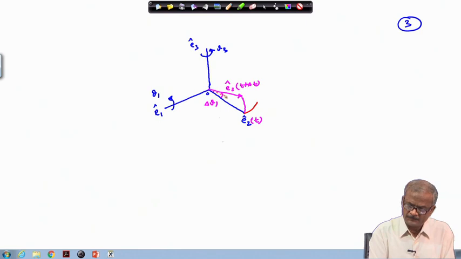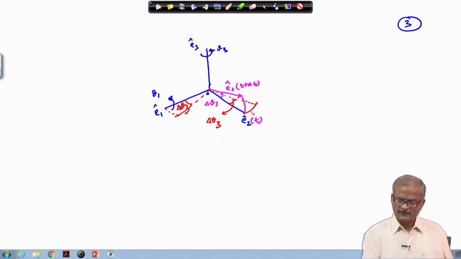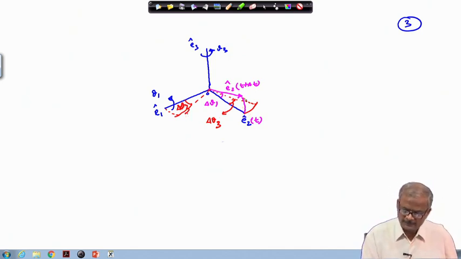The other one you can show because of this motion, which will be along this direction, and then this angle from here to here will be your delta theta 3, and here this will also rotate by delta theta 3. So, there are two motions involved: one along this direction, another along this direction.